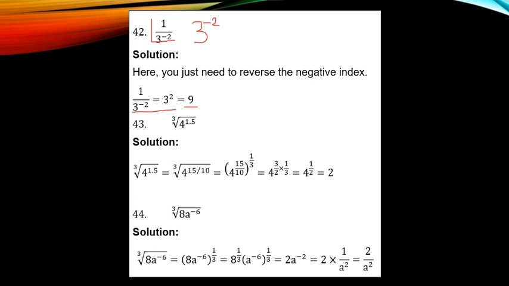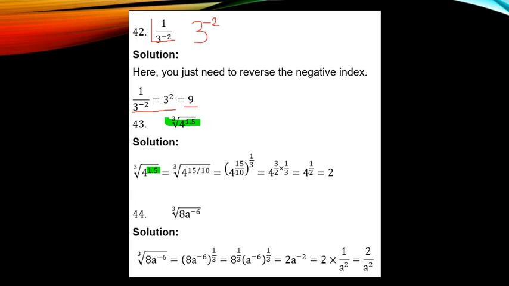So example 43. You have the cube root of 4 to the power of 1.5. So we start with the inner power of 1.5. Let's convert it from decimal to fraction.